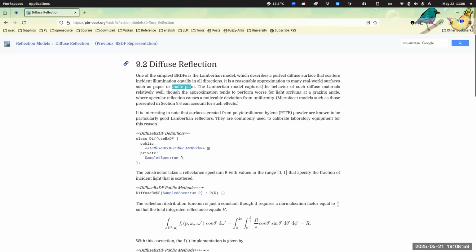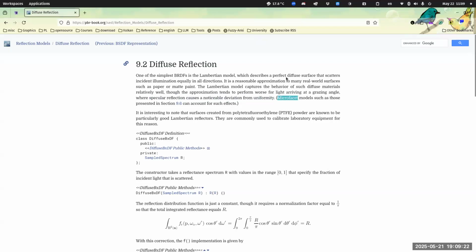The Lambertian model captures the behavior of diffuse materials relatively well, and the approximation tends to perform worse for light arriving at a grazing angle, where specular reflection causes a noticeable deviation from uniformity.